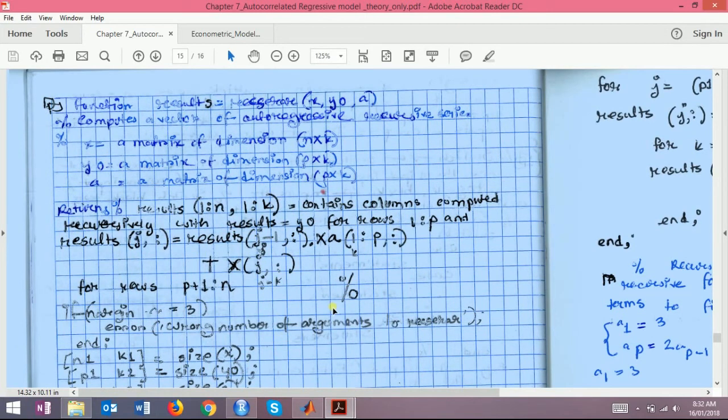So what is the function? The function is Recursive, which computes a vector of recursive series, where X is a matrix of dimensions n by k, Y naught is a matrix of p by k, A is p by k, and it returns 1 by n to 1 by k results, which contains columns computed recursively with results for Y naught for rows 1 to p.